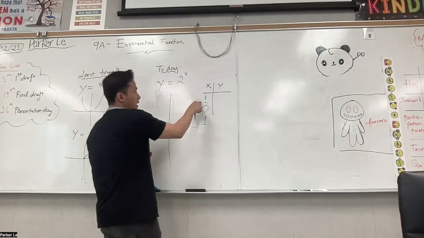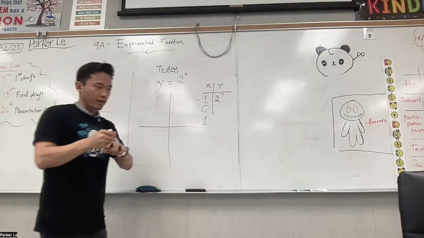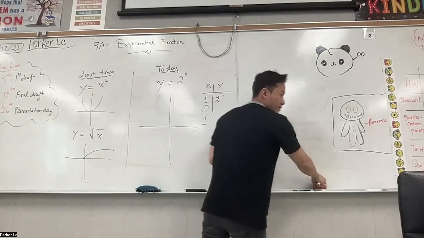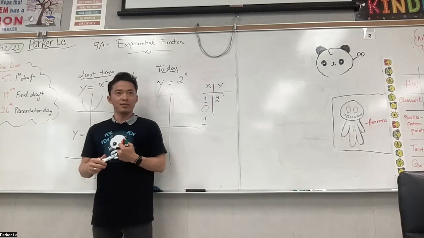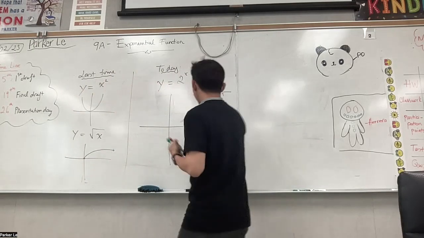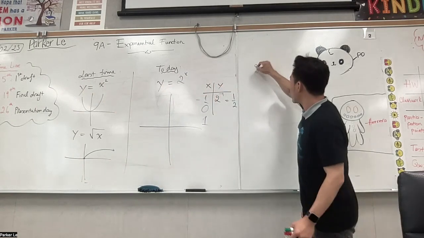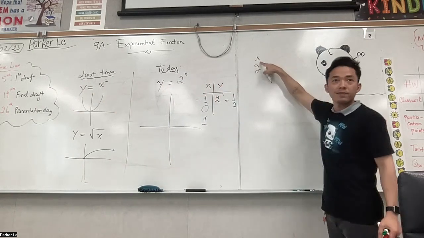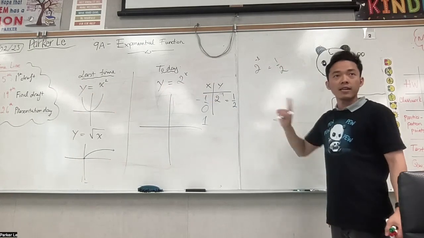So tell me, when you plug in -1, what do you have? So 2 to the -1. What is 2 to the -1? 1/2. 1 point Elizabeth. Do you remember the negative on the power? How can we take care of the negative on the power? You flip it, right? So 1/2. Remember this. Not -2.